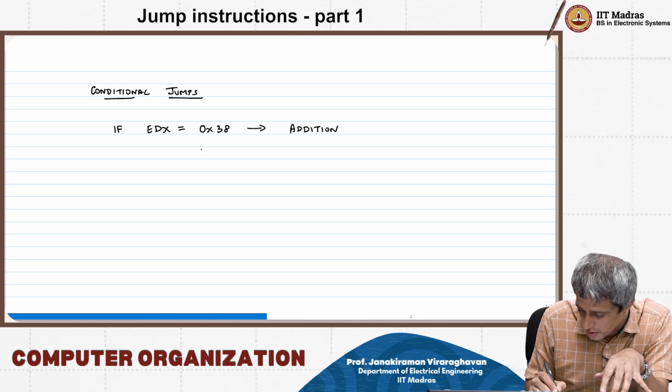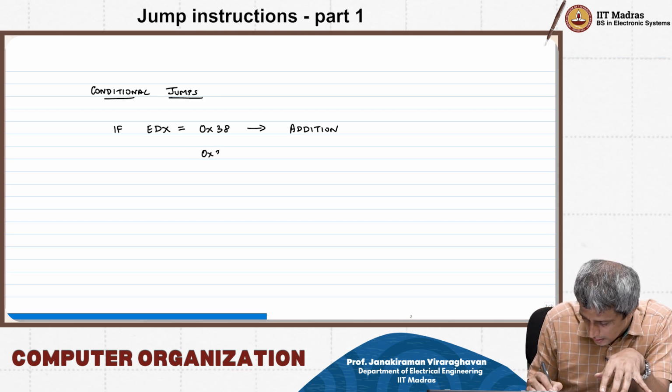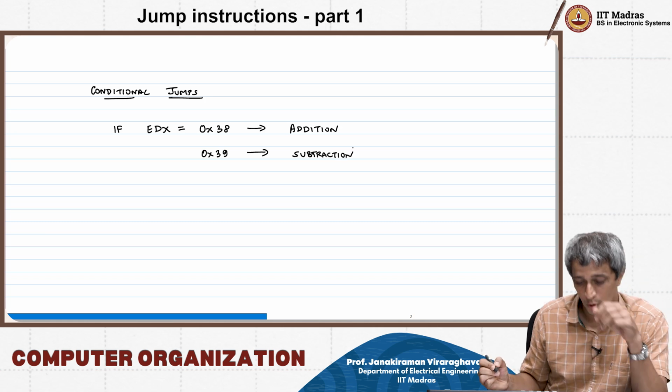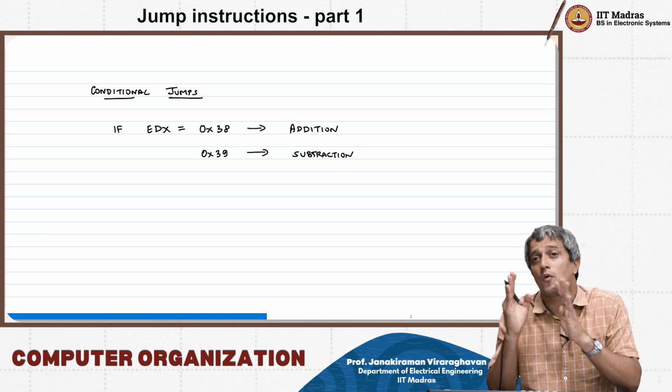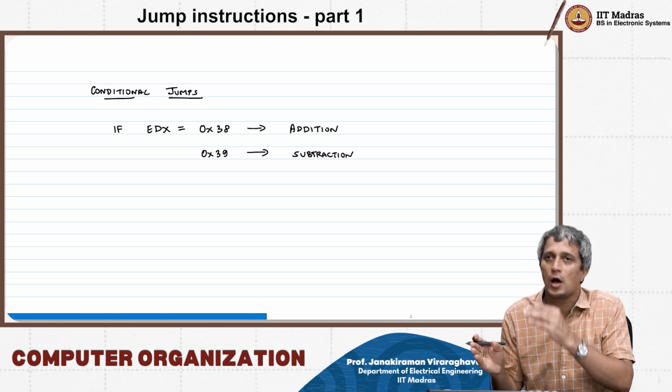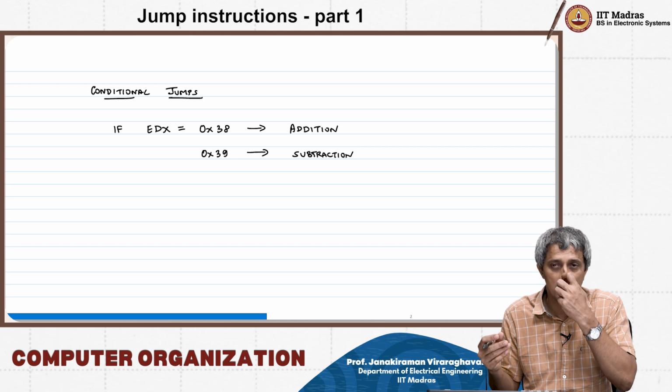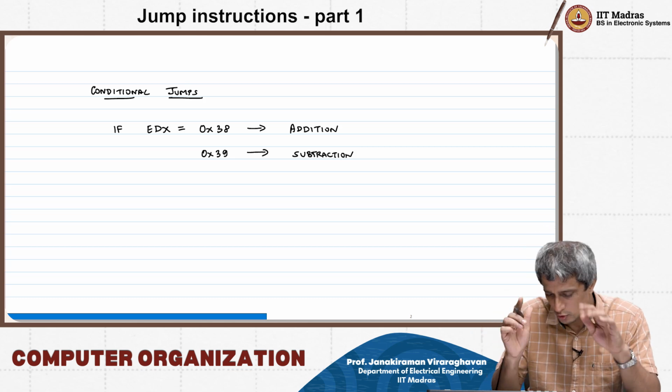If the code is 0x39, then I need to do subtraction. So depending on what is in EDX, I am going to alter the operation that needs to be done on these two registers.